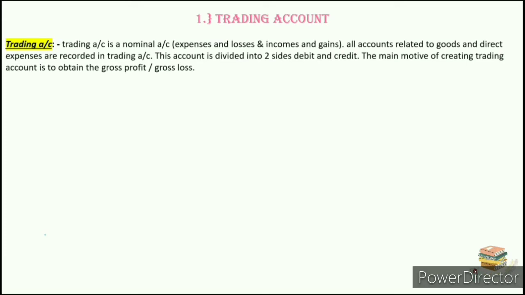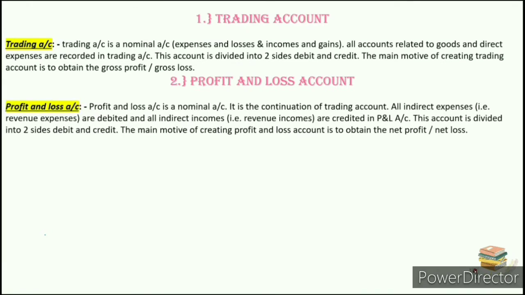Second, profit and loss account. Profit and loss account is also a nominal account. It is the continuation of trading account. All indirect expenses, that is revenue expenses, are debited and all indirect income, that is revenue income, is credited in P&L account.